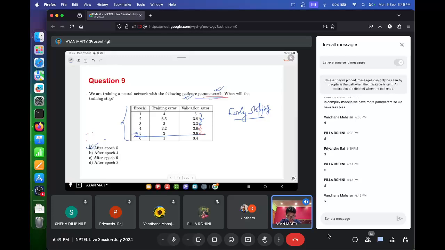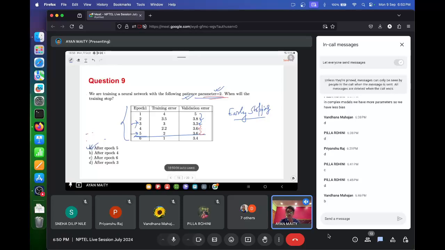Up to the 3rd epoch the validation error was decreasing, but the training process will continue for 2 more epochs, up to epoch 5, and then if it observes that the validation error is still not decreasing, it will stop.